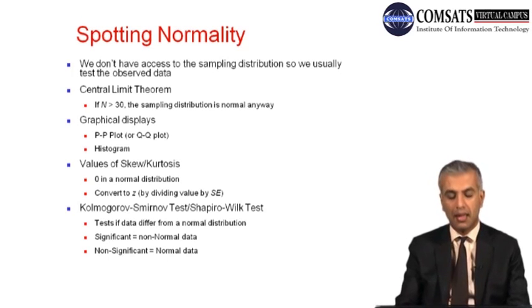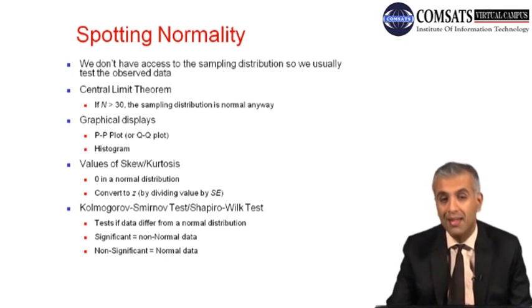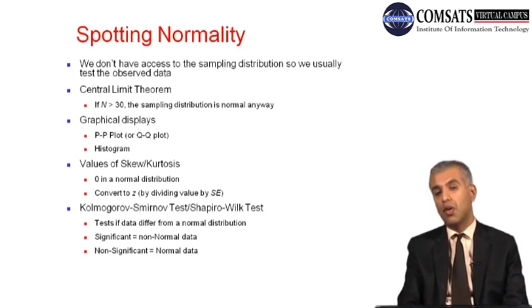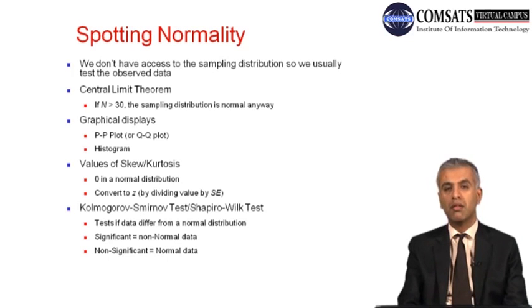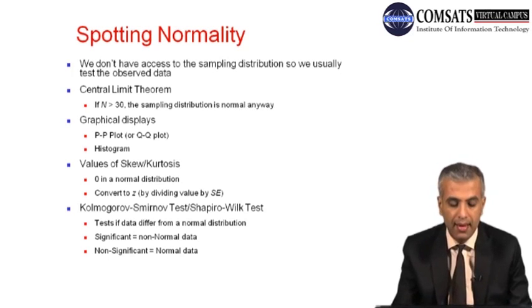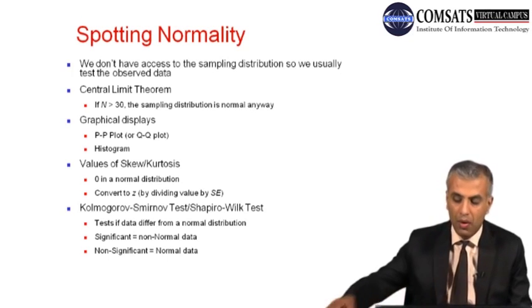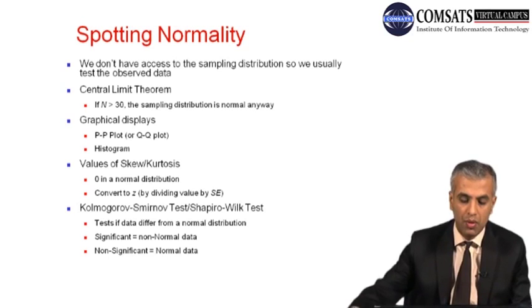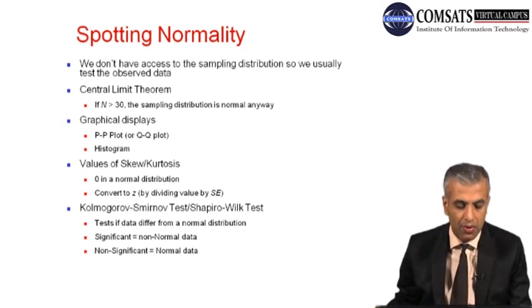The indication is that if the test results are significant, then you have got non-normal data. But if your test results are non-significant, then we are following normal data in this case. So let's have a look at how to go through these tests in SPSS.